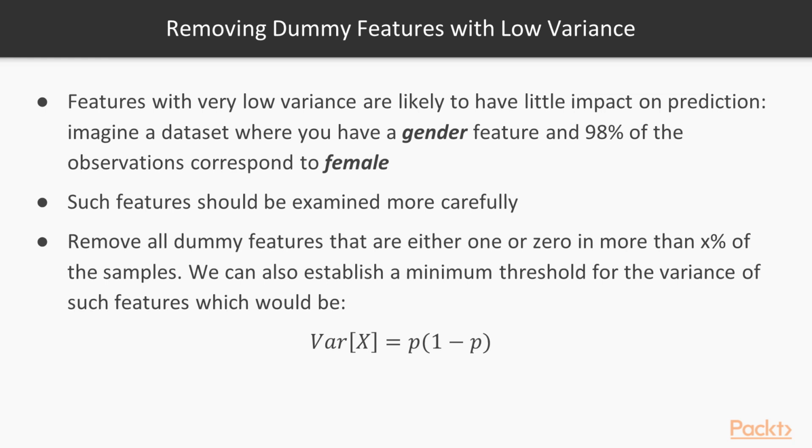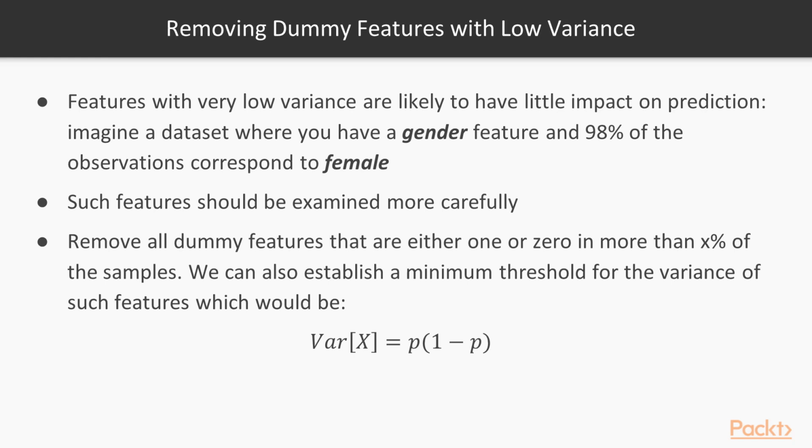So if we take one categorical feature and use the one-hot encoding technique, we get a set of dummy features, and then we can examine if these features have variability, or maybe they don't have variability. So features with very low variance are likely to have little impact on prediction.